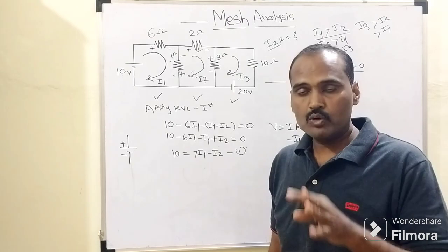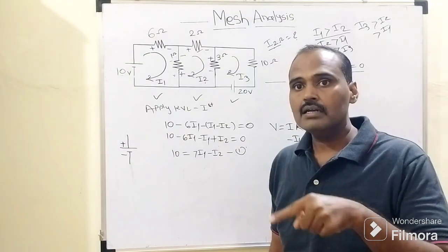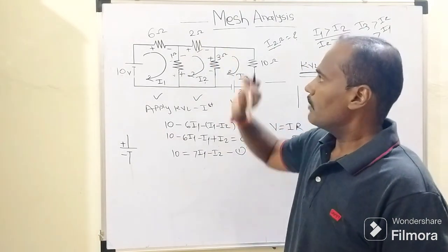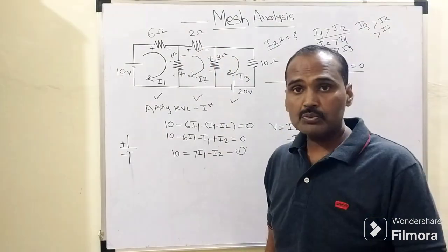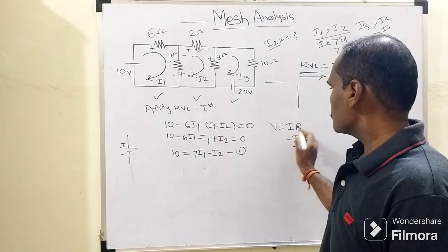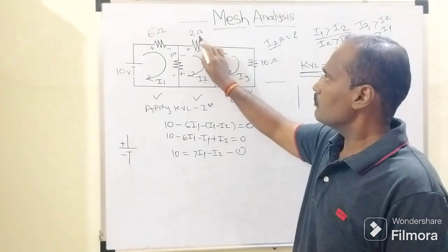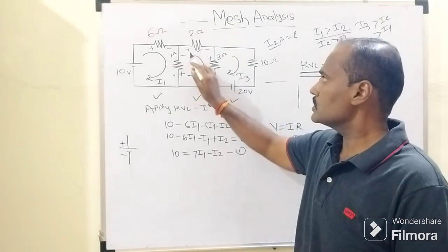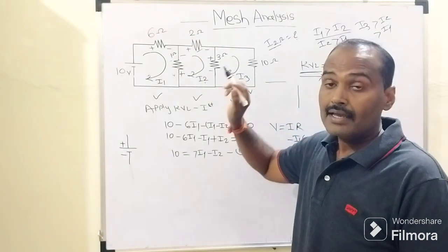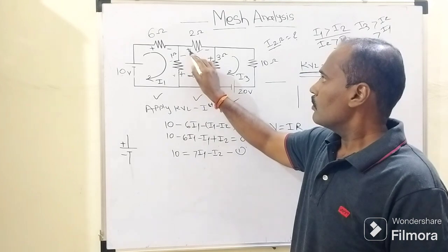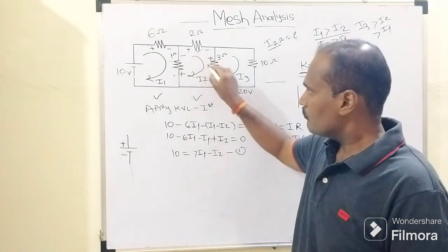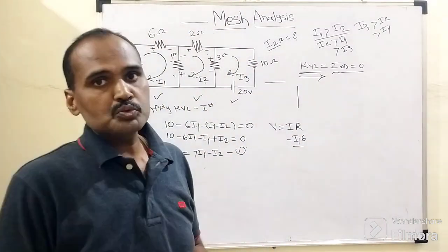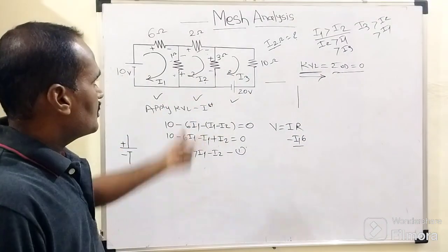One more time we need to apply the Kirchhoff voltage law, which says that the algebraic sum of all ohmic drops belonging to a closed conducting path is equated to 0. So the ohmic drop across this 2 ohm resistor, according to Ohm's law, V equals I into R. Which fundamental current flows through this 2 ohm resistor? I2. How does I2 flow through it? From left to right, as we are going from positive to negative plate while following the direction of the fundamental branch current belonging to mesh number 2, that is I2.